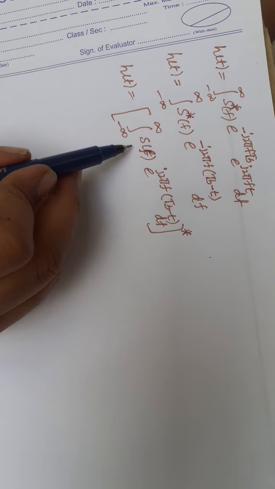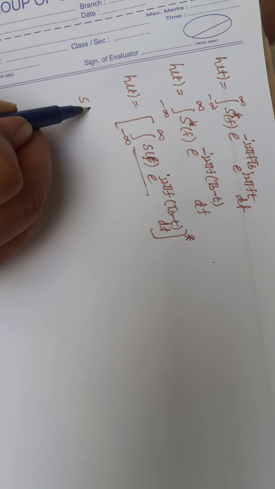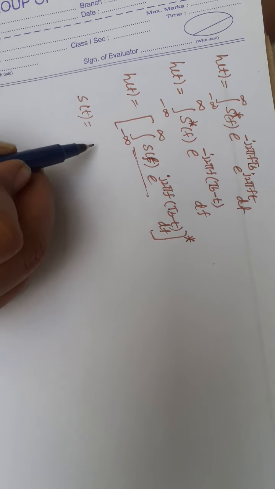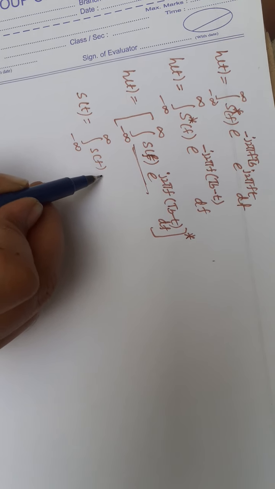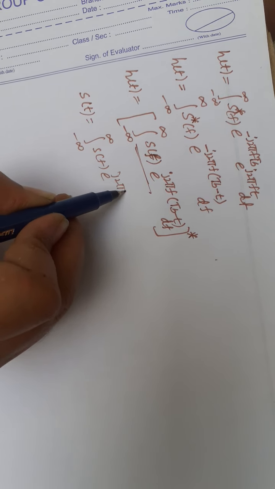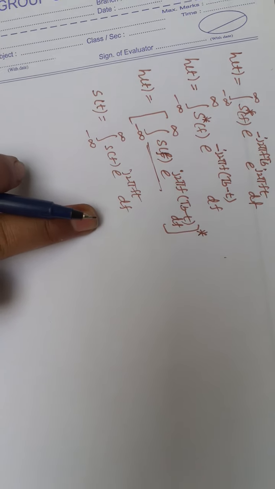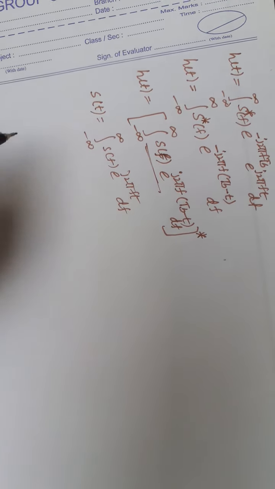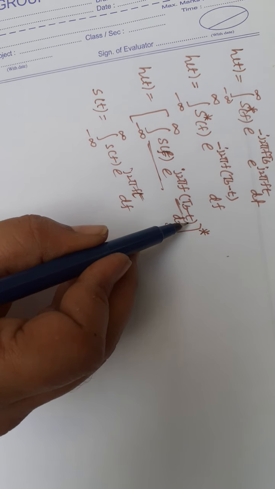If you observe this equation, for example, the Fourier transform equation of s(t) is the integral of S(f) e^(j2πf t) df. It looks the same as s(t), but instead of t here we are getting tb minus t.